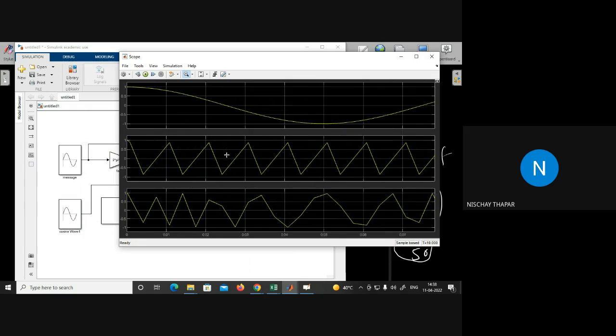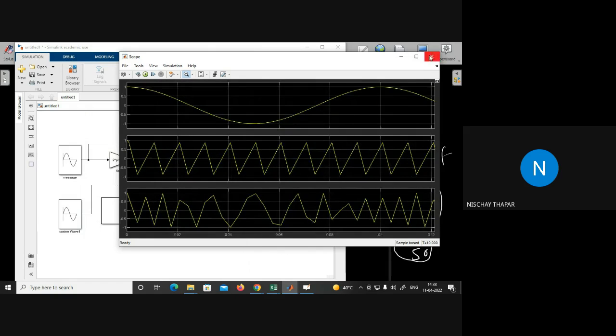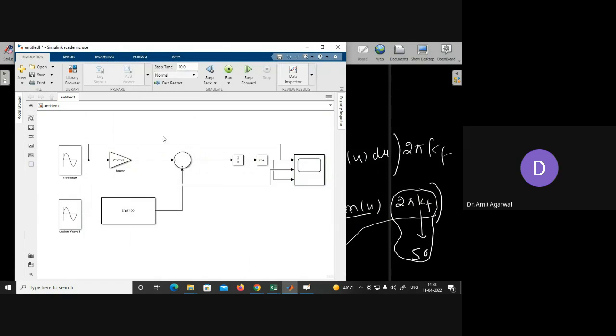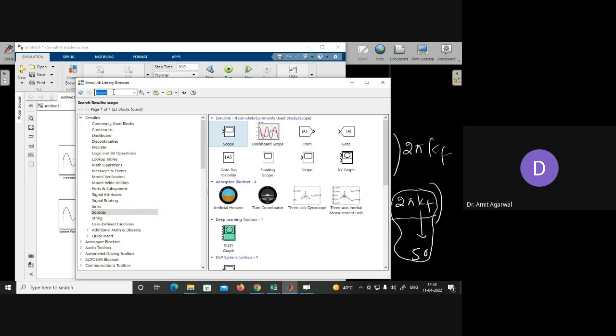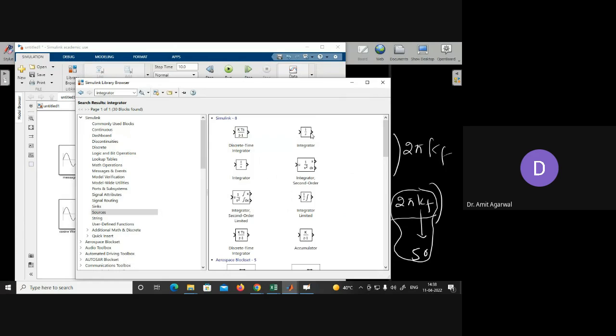Sir, there are two integrators. Sir, which one are we supposed to use? Analog integrator. Integrate. This one. I think both are the same. Are they different? Yes, sir. Sir, here it is written: continuous time integrator. Both are continuous time integrators, I think.